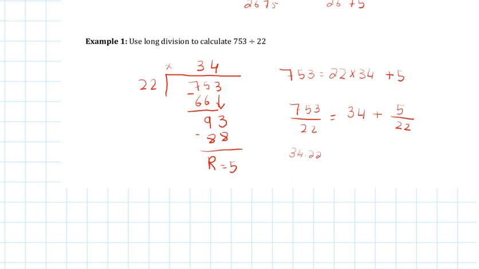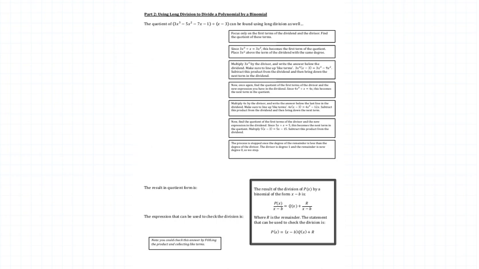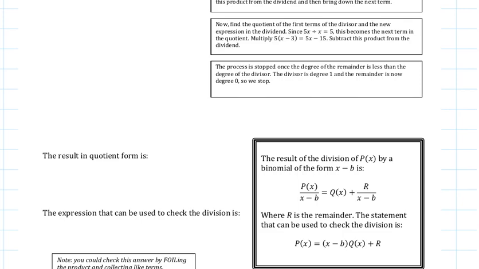If you do the math again, you're going to get about 34.227, and 5 over 22 is approximately 0.227, so that's 34.227 as well. You see that both answers are the same. So this is long division using integers.